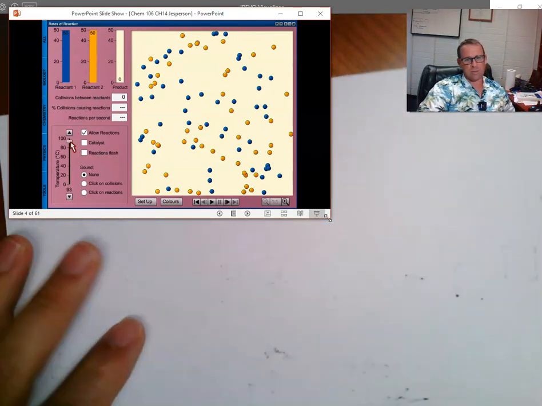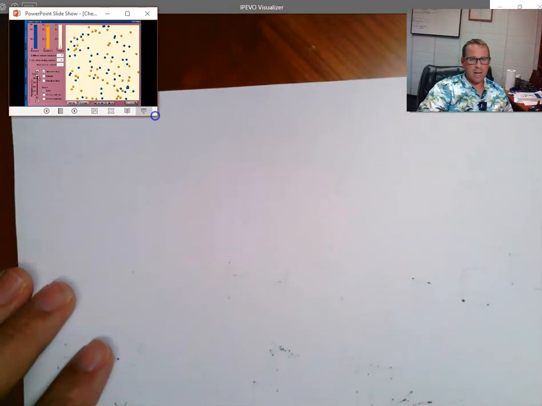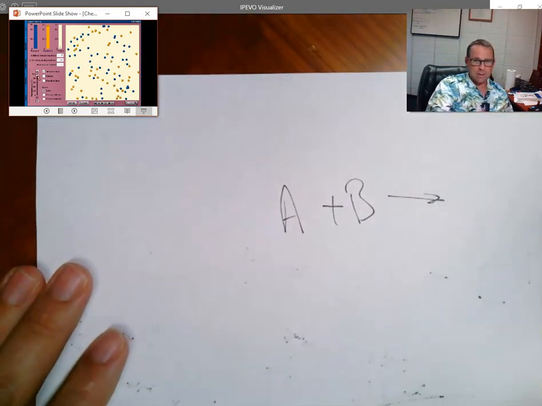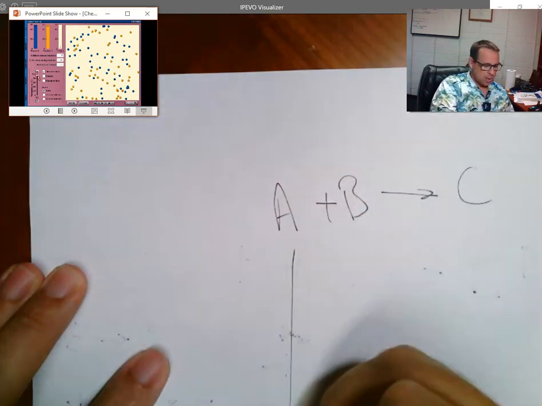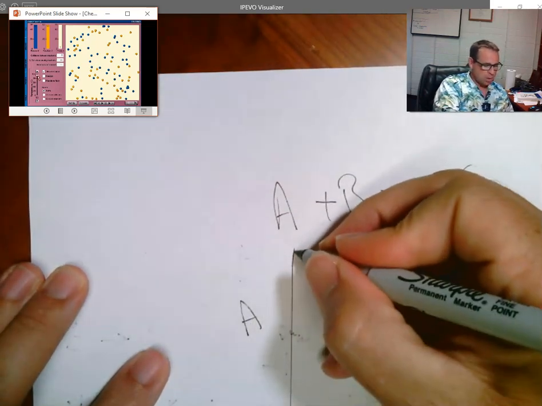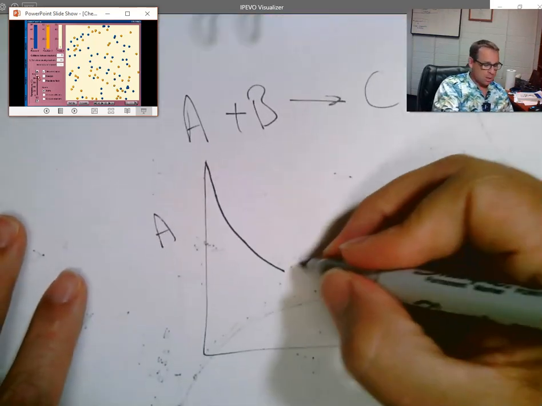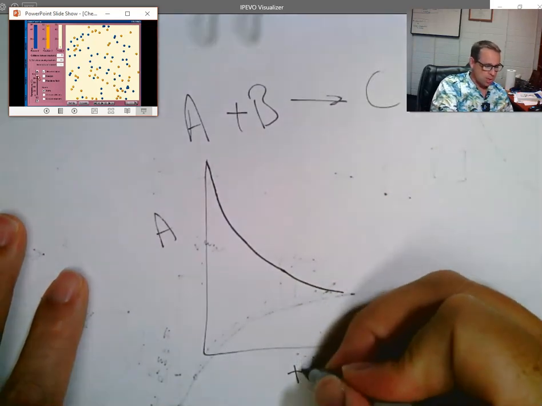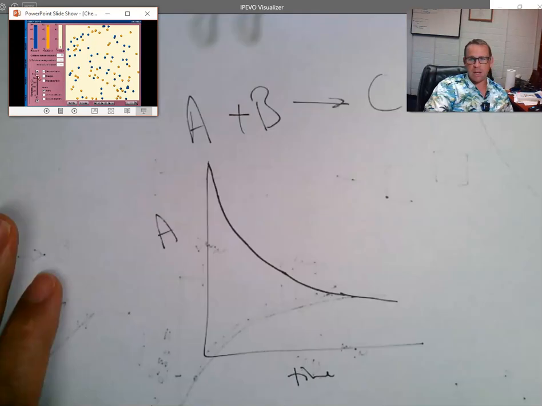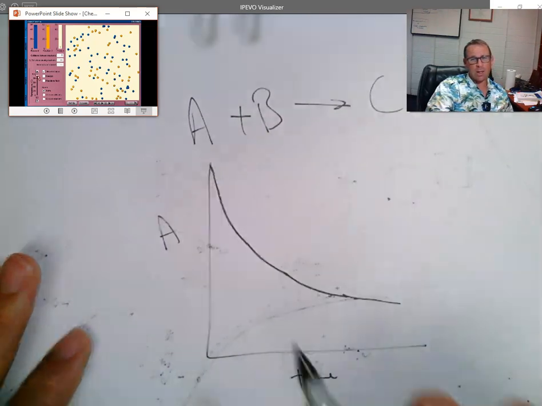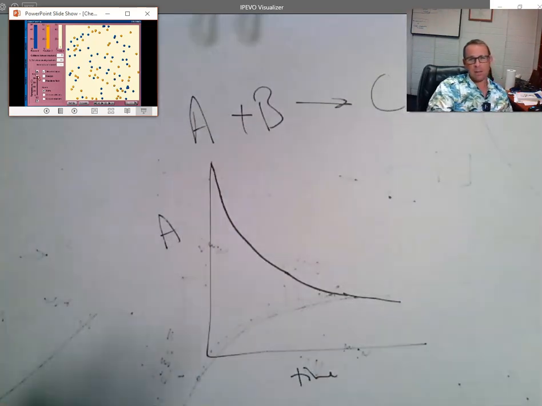If A and B need to actually collide to form C, then as the reaction occurs, the concentration of A will decrease fast, but then the rate changes versus time because the concentration of A gets smaller and smaller, and the concentration of B is decreasing as well, so it's harder and harder for those reactants to find each other in the vessel. Okay, very good.